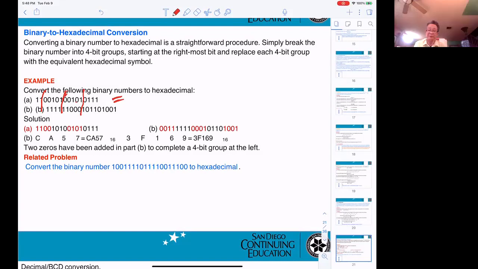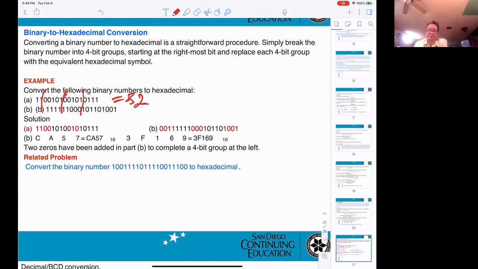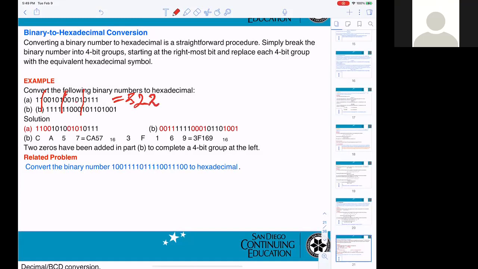Now I go to the most significant bits, 1, 1. It's 3, but we go from right to left. Okay, what's the next number? It's 2. Next number. It's very close. It's 5.